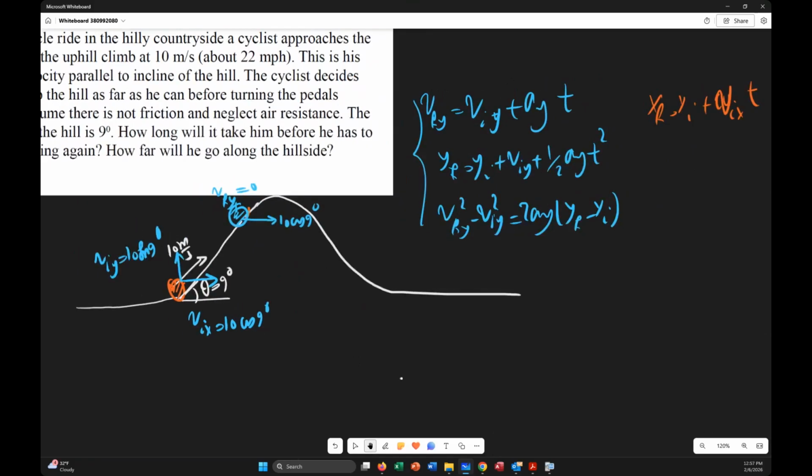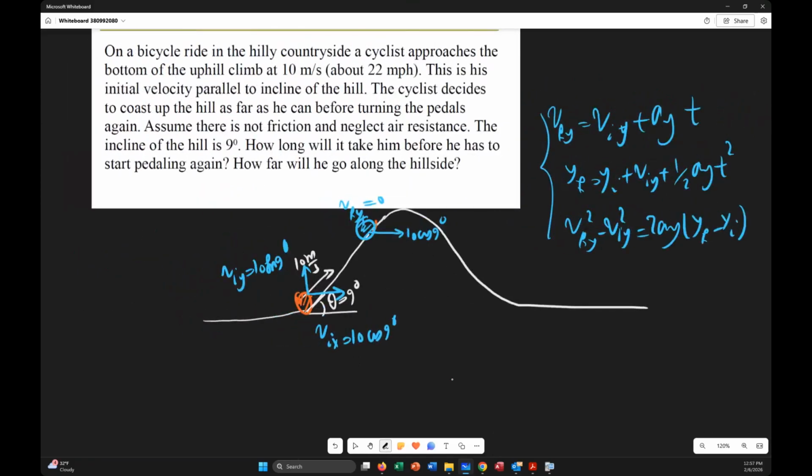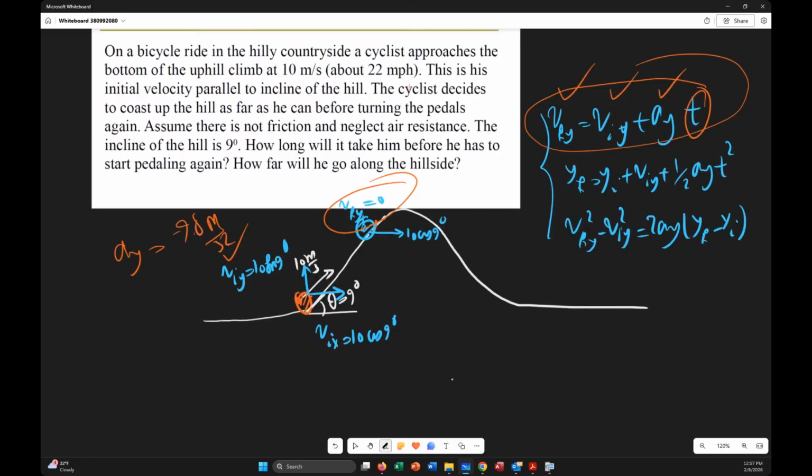Because it's telling us how long will it take him before he has to start pedaling, what does it mean? Can we use this? We have initial velocity, the final velocity in the y-axis, and we have acceleration in the y-axis, which is negative 9.8 meters per second squared. There you go, we can find the time.